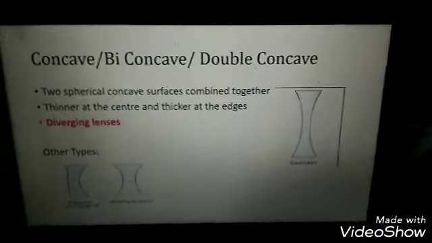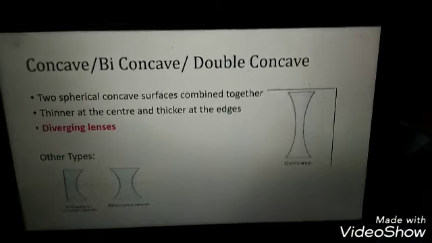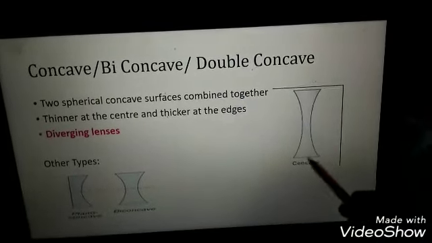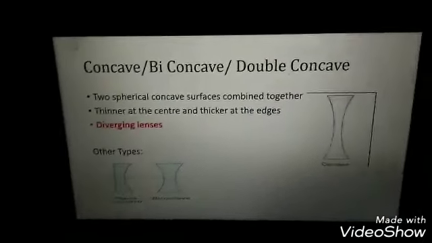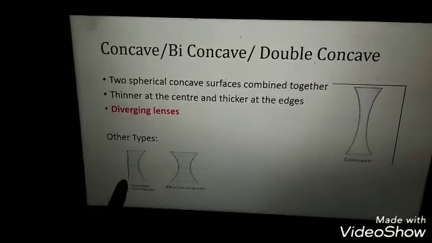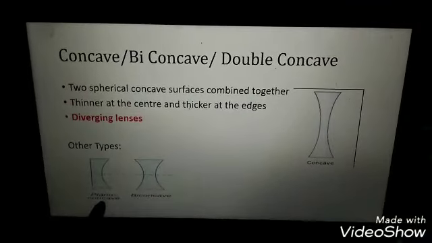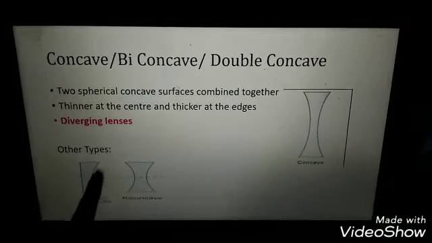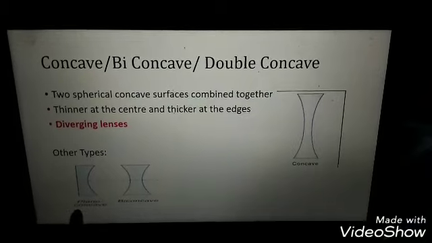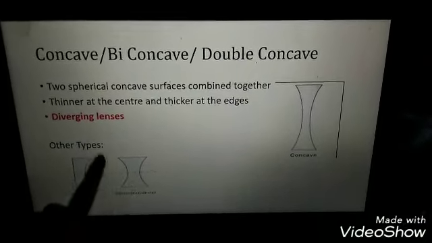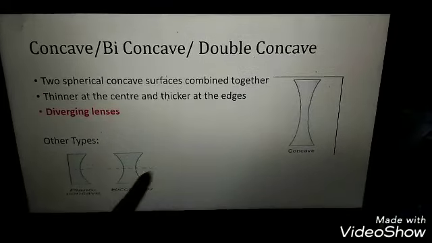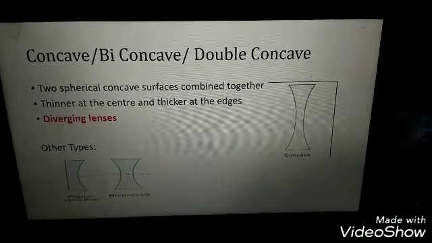Both the surfaces are combined together, and the property is it is thinner at the center and thicker at the edges. This is the other type of concave lens. This is the plane side, and this is the concave side, so it is termed plano-concave, and this is biconcave. Bi means two, so this is the first concave side and this is the second concave side.